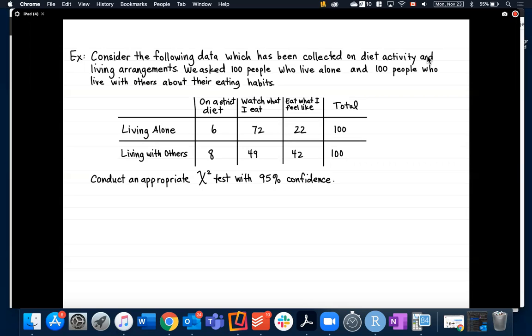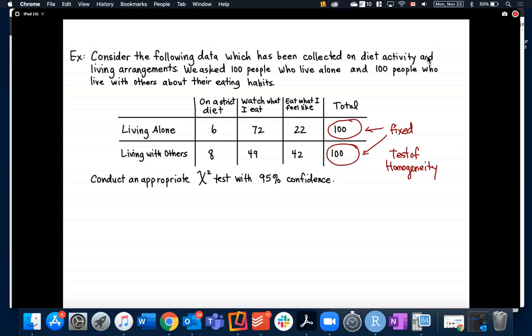And what you'll notice here is that these two numbers, the row totals, are fixed, right? Which means that it's appropriate to do a test of homogeneity here, as opposed to a test of independence or a test of goodness of fit, okay? So because the row totals are fixed, we can compare the distributions between the two groups, right?